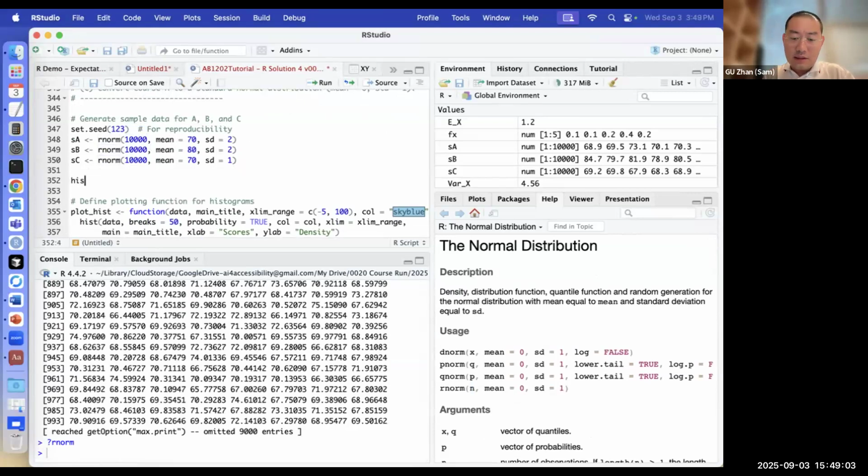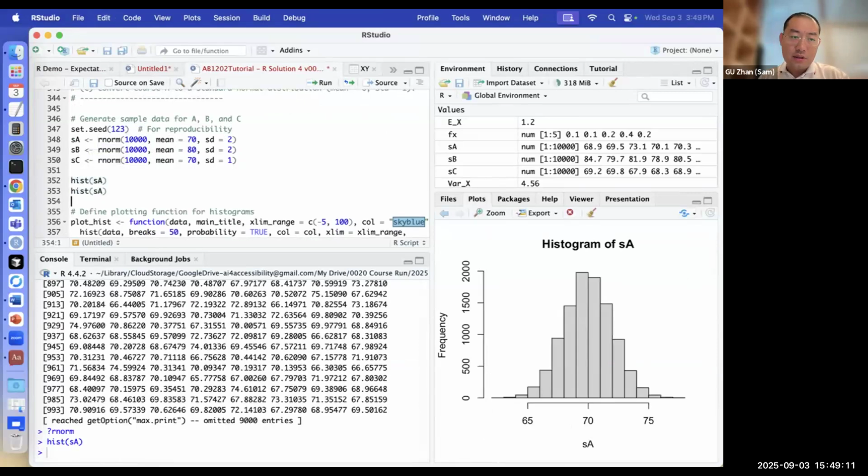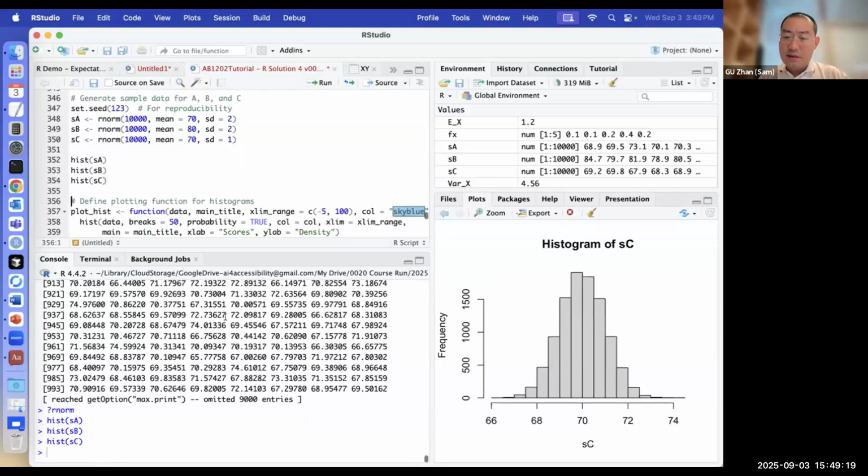So hist SA. This is class A distribution. Class B is centered at 80. Class C is narrow. In fact, it's narrow because the standard deviation is small.